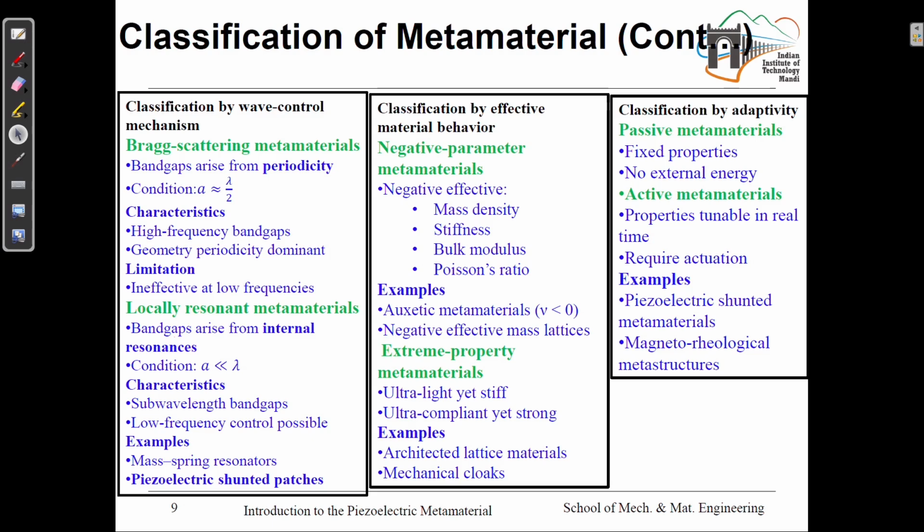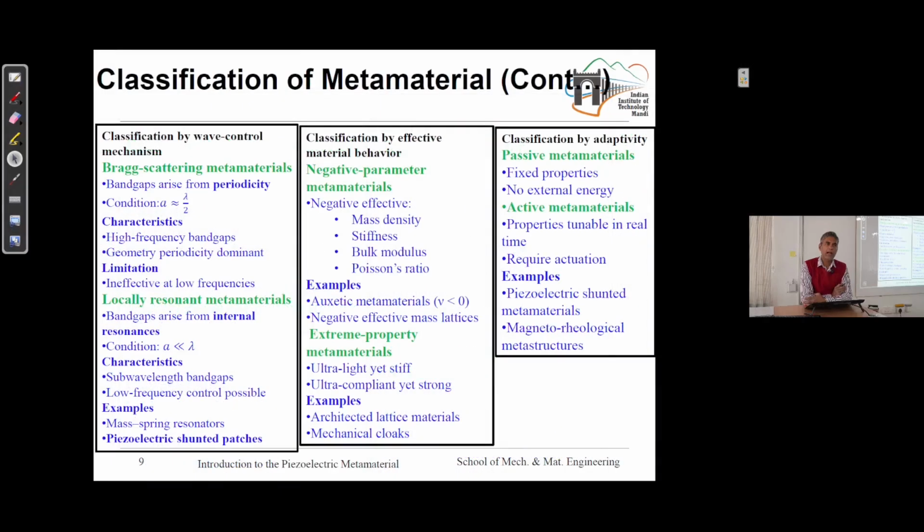For example, classification by wave control mechanism. As we have seen, metamaterials are designed for dynamic loading, that is, to control the waves.